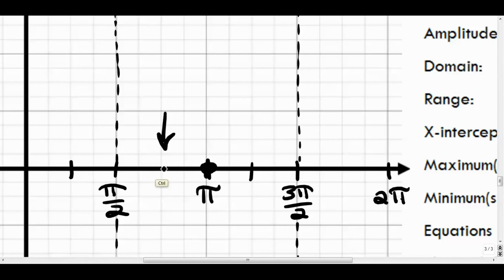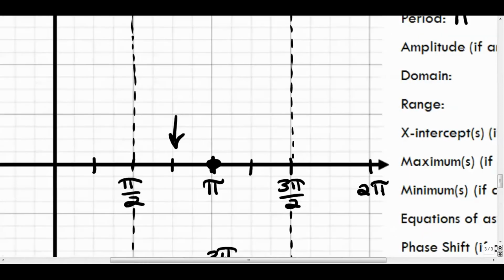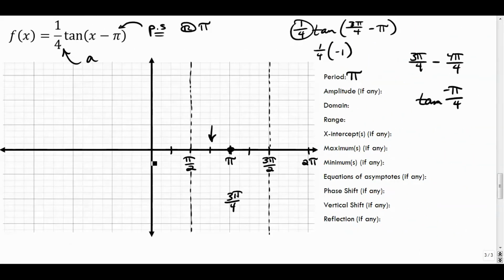What I might do is scale my y-axis so that this is negative 1/4, this is negative 1/2, this is negative 3/4. So this is going to be negative 1 right here. It's kind of a funny way to scale it. Maybe I'll do it a little differently actually.